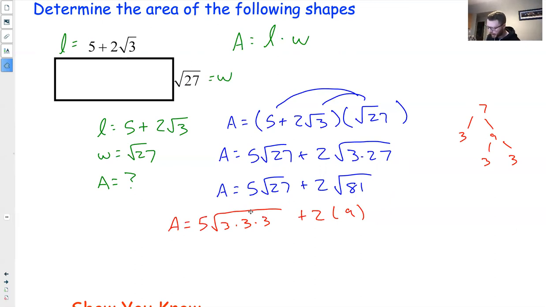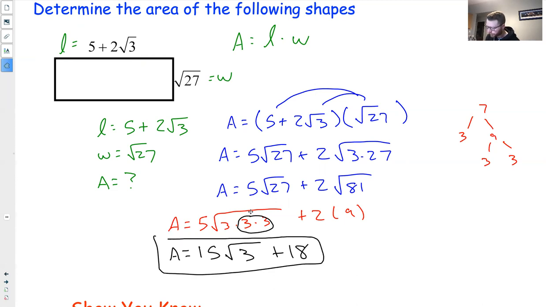I see a pair of 3s, which I will take outside. So 5 times 3 is 15 root 3, plus 2 times 9 is 18. Okay, so that is the area of this rectangle.